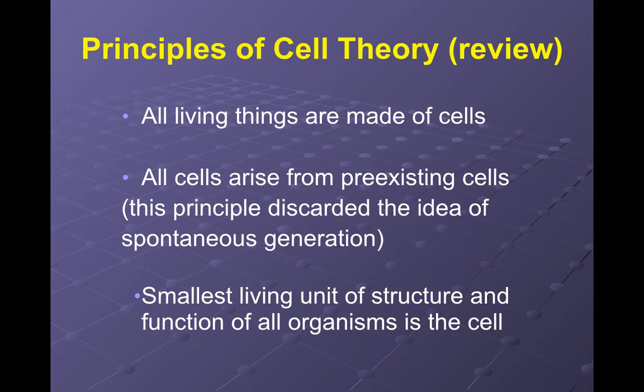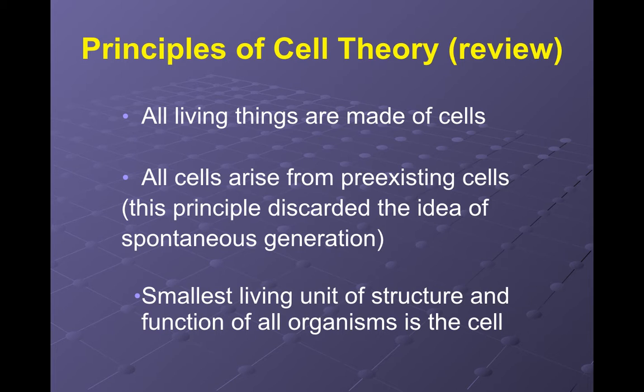Principles of cell theory. Just reviewing, all living things are made of cells. All cells arise from pre-existing cells. This principle discarded the idea of spontaneous generation. For example, there was a theory that if someone left out a piece of raw meat, all of a sudden you'd have maggots or flies coming from it. They don't just spontaneously come from that meat.